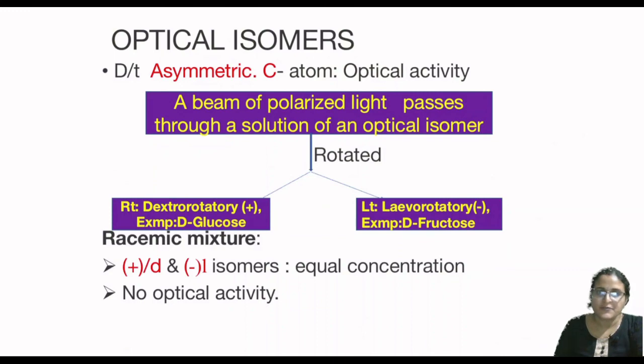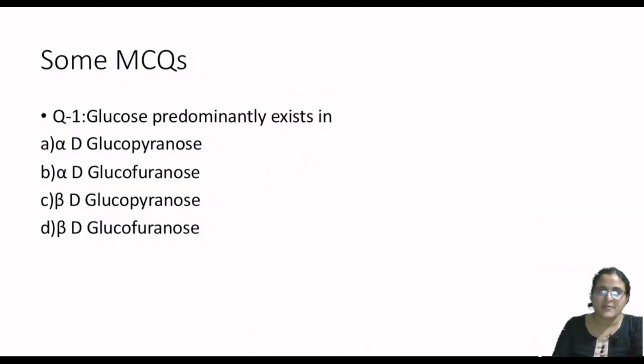So don't be confused with the capital D and small d form. Capital D and L are for enantiomerism, and small d and small l are for this optical activity. If they are in equal concentration, there will be no optical activity, and that is called a racemic mixture.